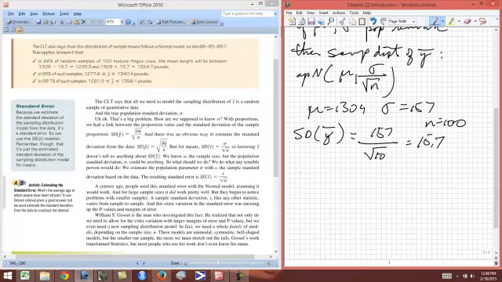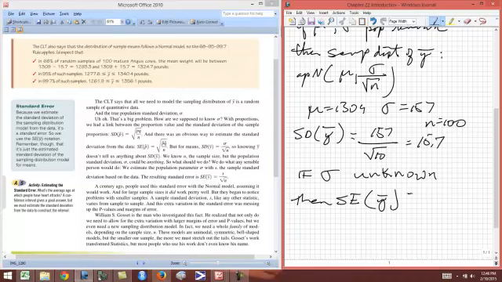So, if sigma is unknown, then the standard error of y bar equals the standard deviation of the sample, referred to as lowercase italic s, over the square root of n. We should all be happy that somehow we didn't work another p in there.